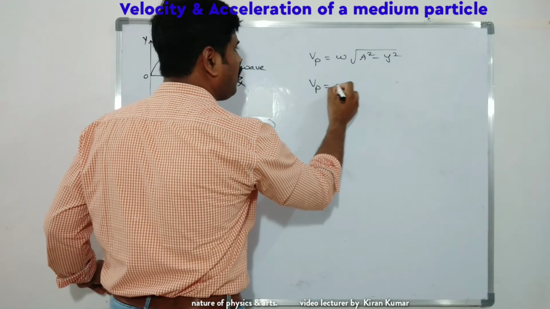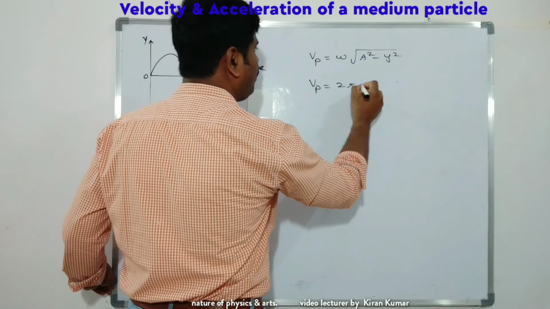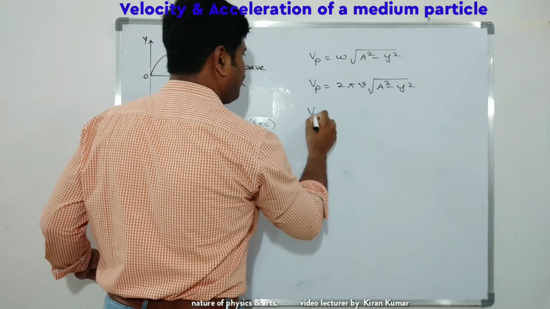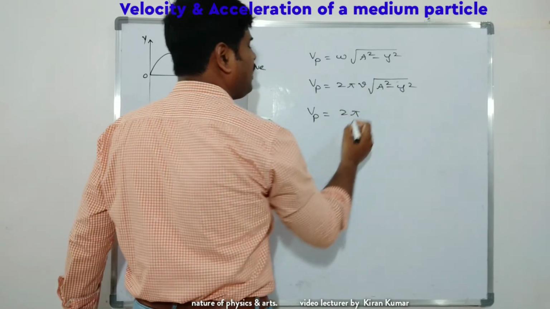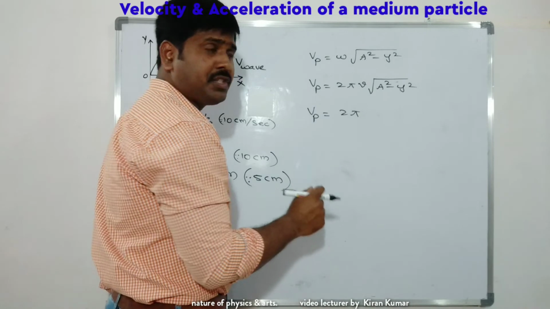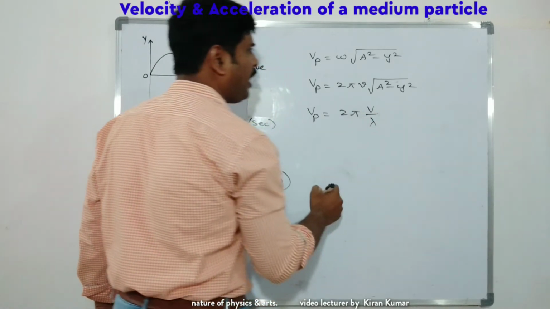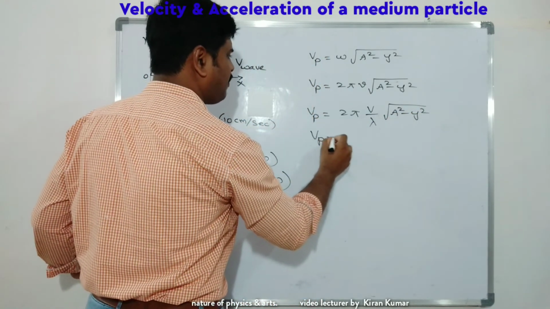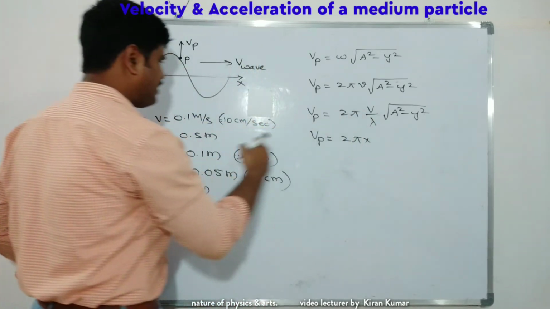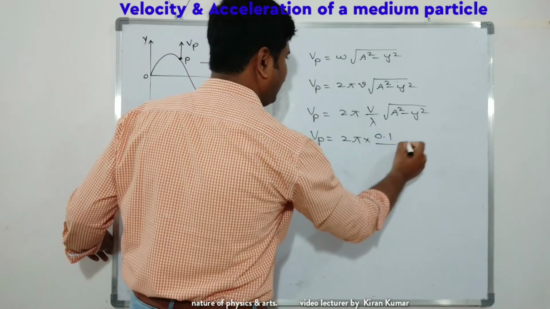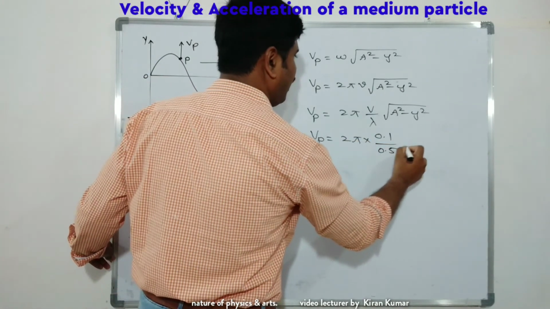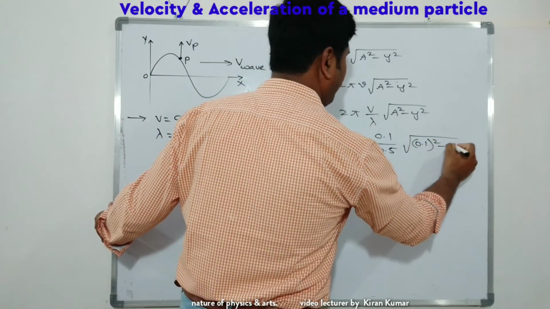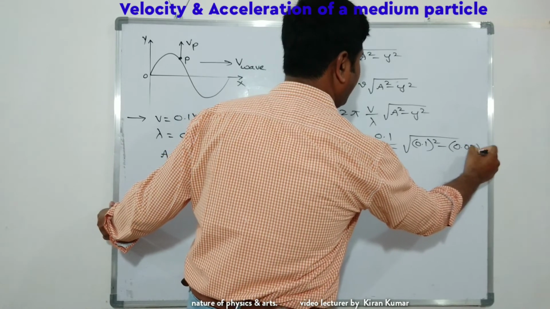So Vp is equal to 2πν times √(a² − y²), where ν is the frequency, and ν is equal to v/λ. Then the velocity of the particle is 2π into the velocity of the wave, 0.1, divided by the wavelength, 0.5, into the square root of a², where the amplitude is 0.1, whole square, minus y, which is 0.05, whole square.